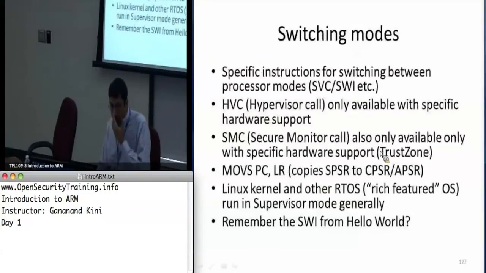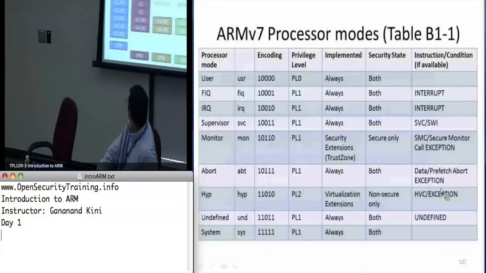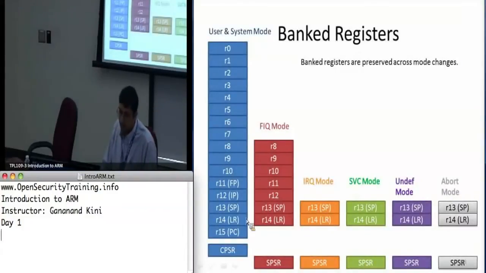So if you remember, we had covered the banked registers. So an additional register that I did tell you about is the SPSR. So the SPSR is a separate register that's available for each mode. So one mode's SPSR can't be changed by another mode's SPSR.